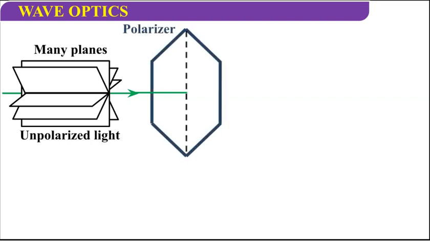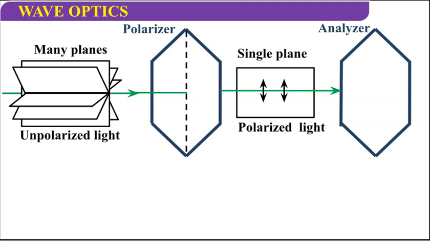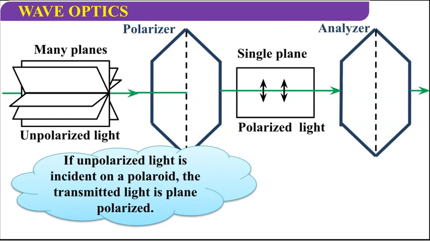If this passes through this polarizer, all the planes or all the light rays will get filtered, and it gives a single plane which is polarized light. This is the analyzer. It analyzes how much light is actually present. So if unpolarized light is incident on a polarizer, the transmitted light is plane polarized.